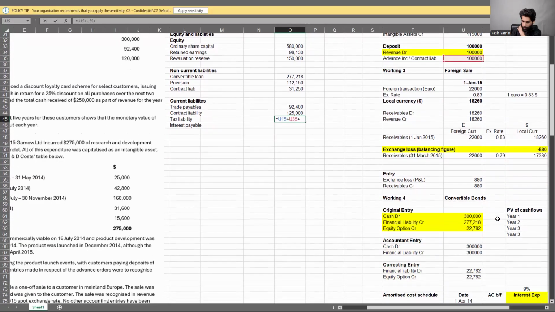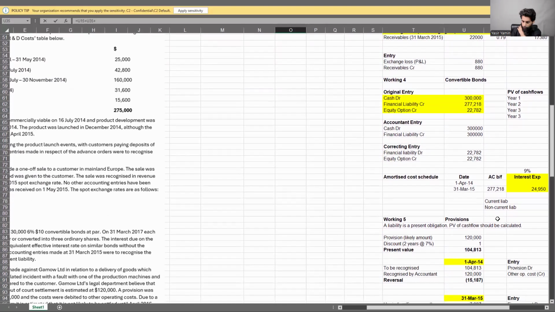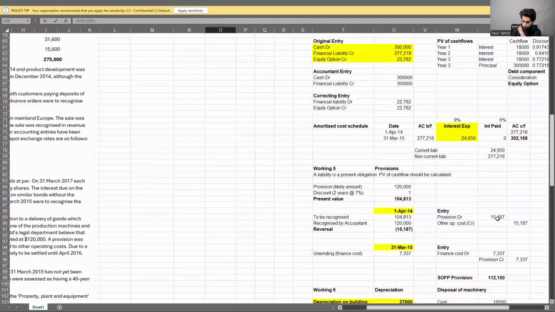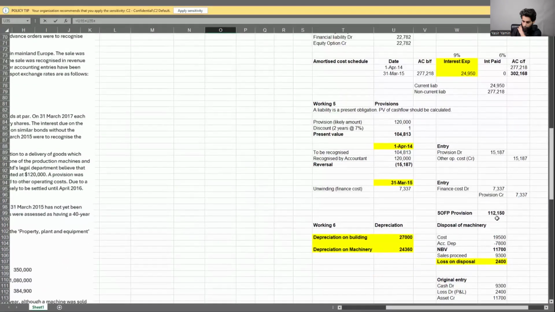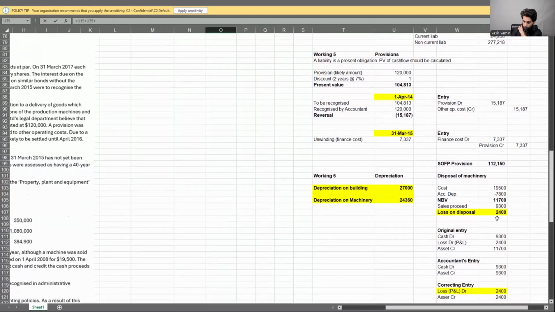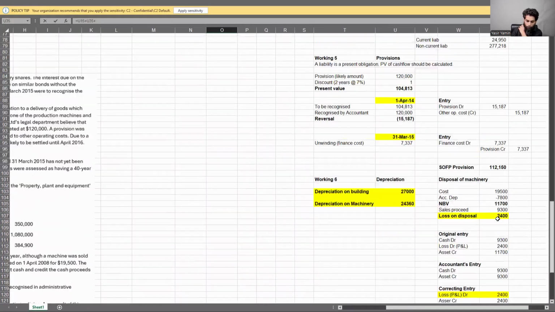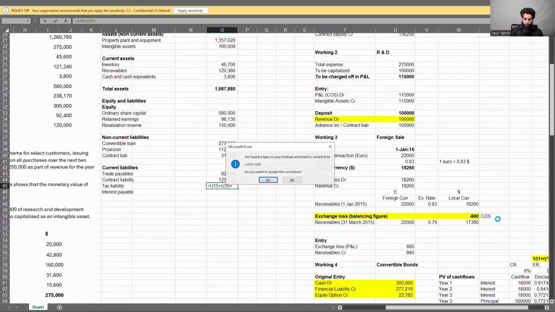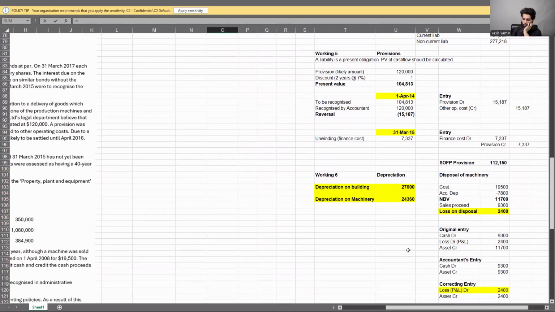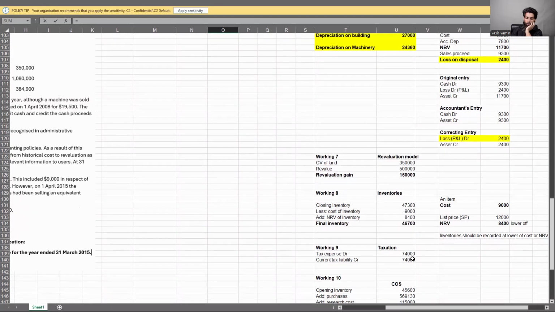Is there any other liability? I don't think so. So this is 225,000. Tax liability should be 74,000.